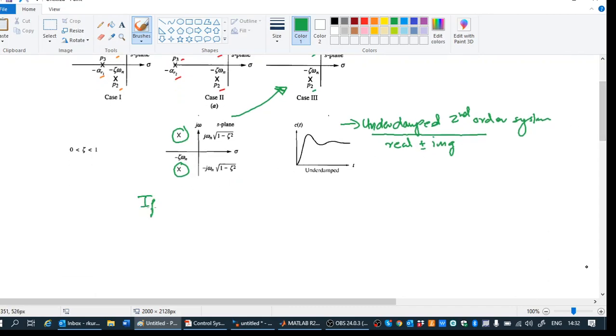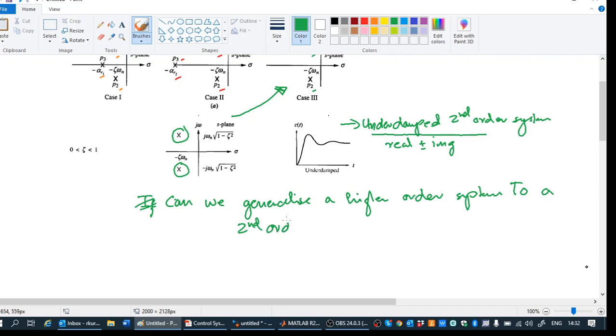The question is, can we generalize a higher order system to a second order underdamped system? That's what we need to find out.